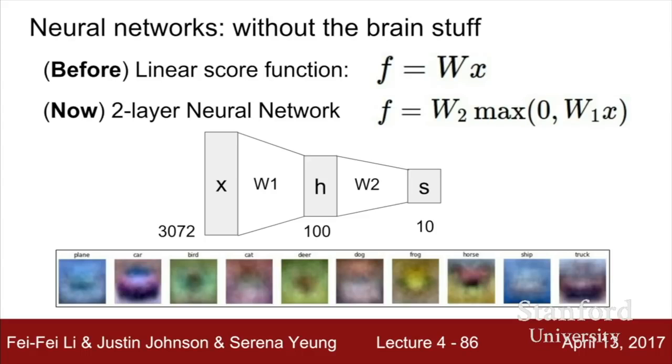So it can say that actually my car class should be connected to both red cars as well as yellow cars, because we have this matrix W2, which is now a weighting of all of our vector in H.